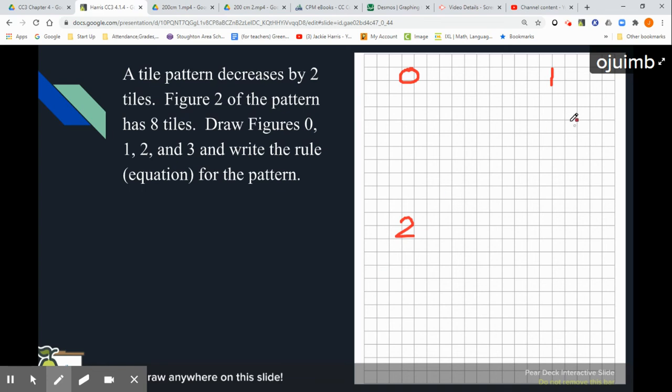You've got to figure out how would you draw figure 1 and 0, and then go forward for figure 3. You're designing your own pattern, but every time you're going up, it goes down by 2 tiles. So you need to take away 2 tiles for each one. Same thing, you're going to do this in Pear Deck.